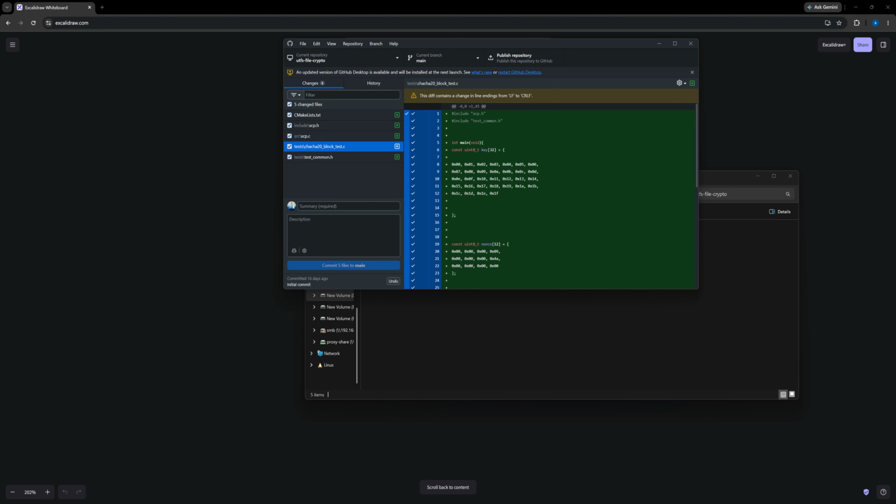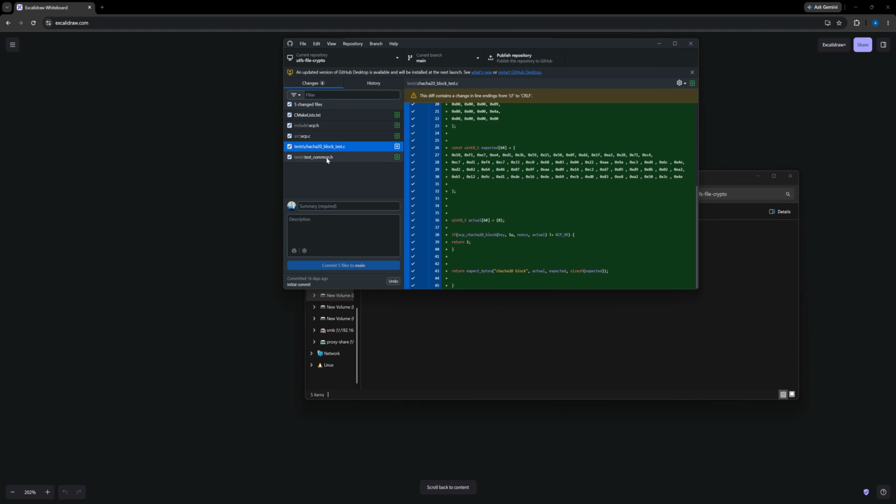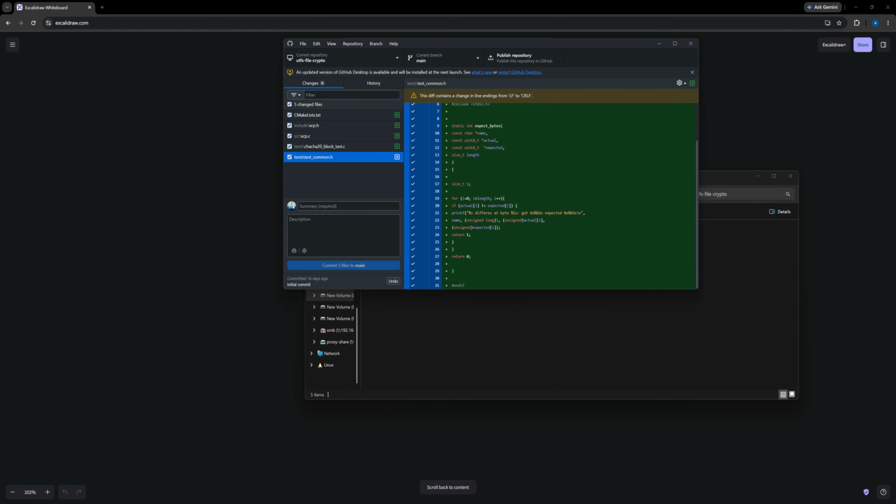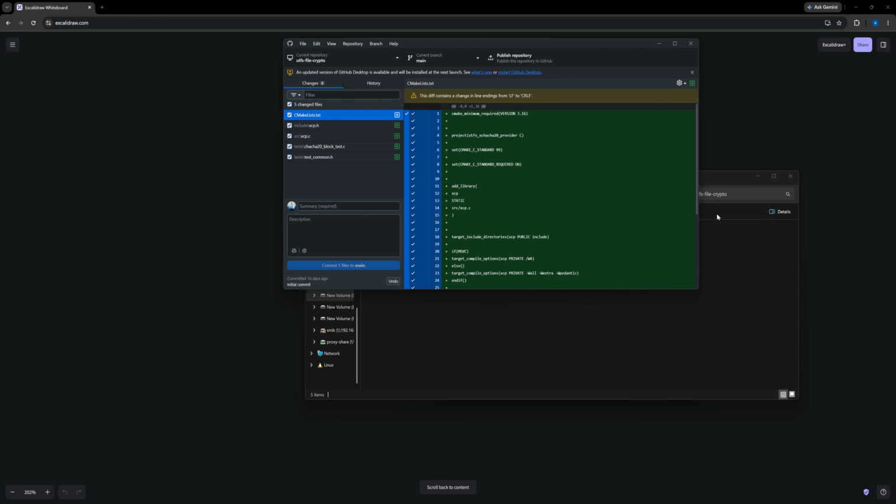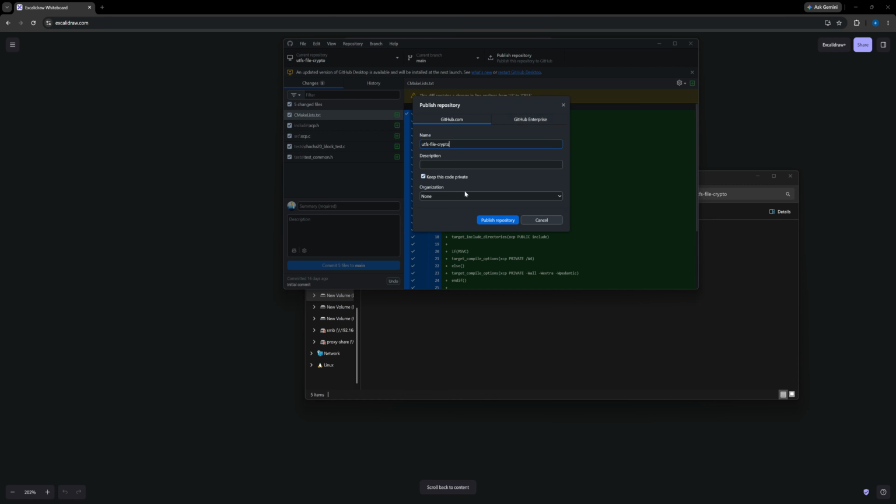You can see we have our ChaCha20 block test. And we have our test header as well as our CMake. So we can publish this to GitHub and we'll make this public.